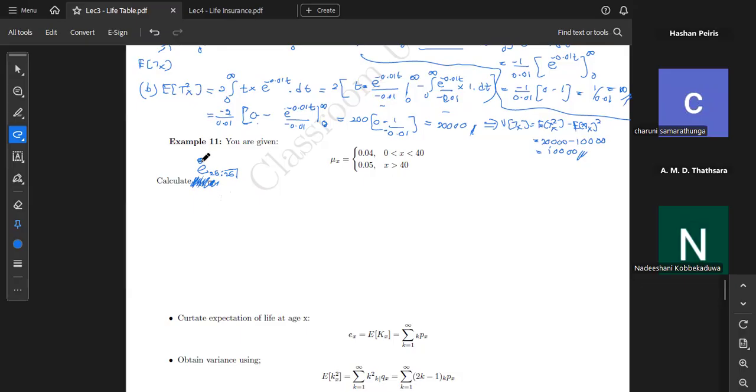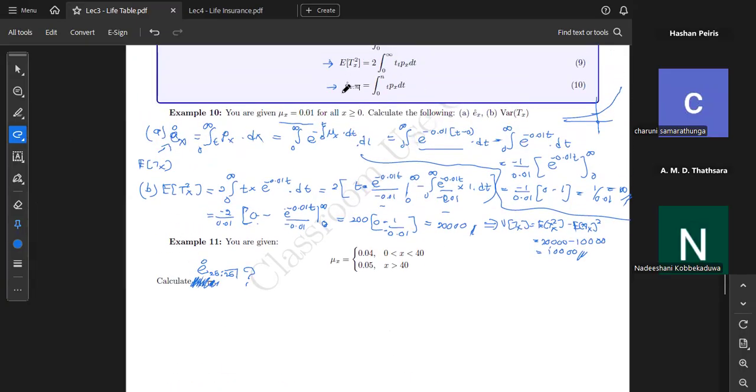So this circle indicates it is continuous, and age is 25, and we are considering it for 25 more years. So this is the part we need to evaluate. If you look at this, we know it goes from 0 to n, but starts from 0, which means the age is x.